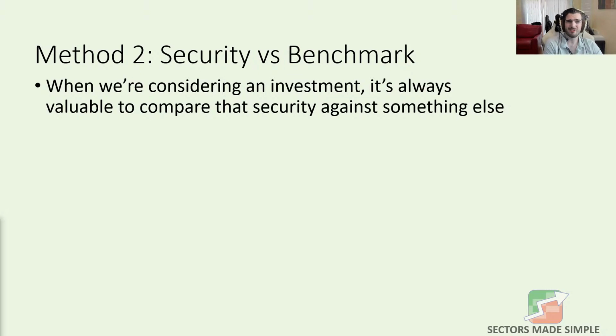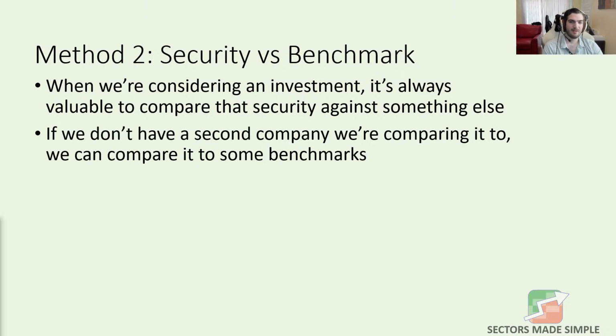So it's pretty important to know if that stock is performing better or worse compared to its sector, or if available, how it's comparing to its industry as well. So this is great because we don't need only 2 choices. You can just have the one choice and still compare it to something. Again, this is not perfect. Nothing ever is perfect, but it's another piece of information.